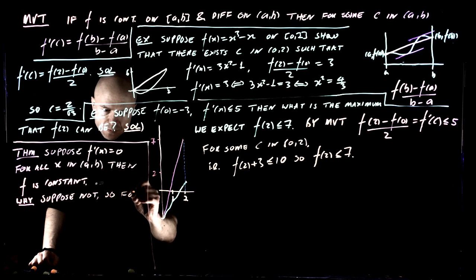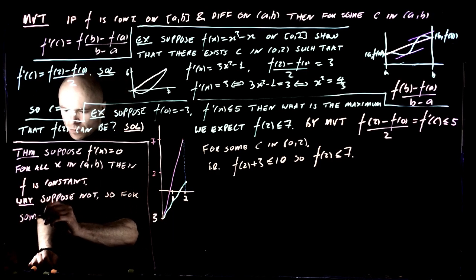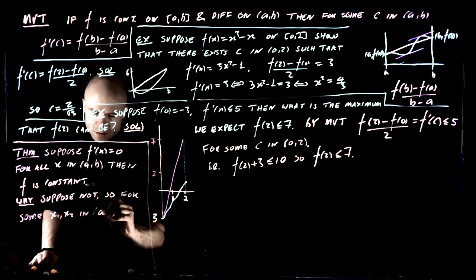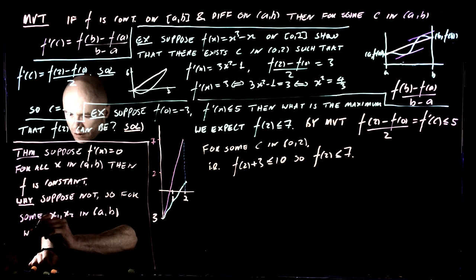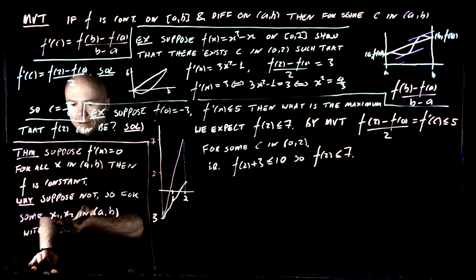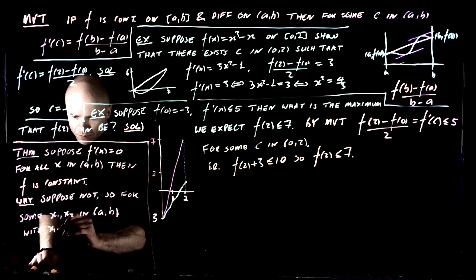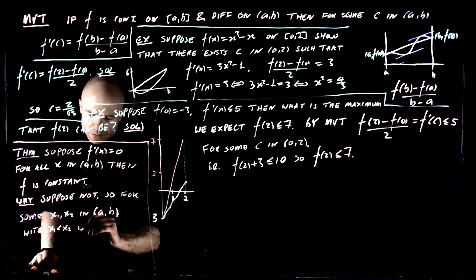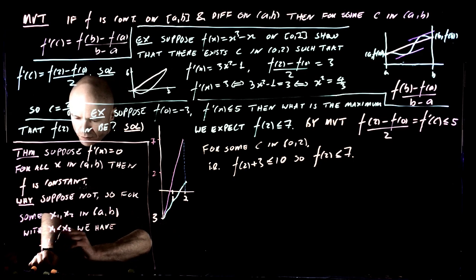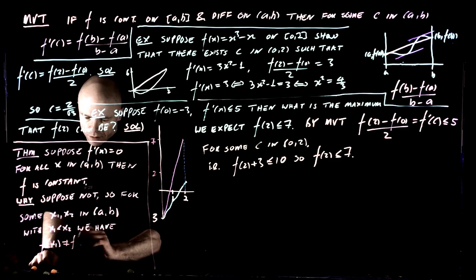So, for some x1, x2 in (a, b), with, so these labels x1 and x2 are arbitrary, so I can just decide that x1 is the smaller one, we have f of x1 is not equal to f of x2.